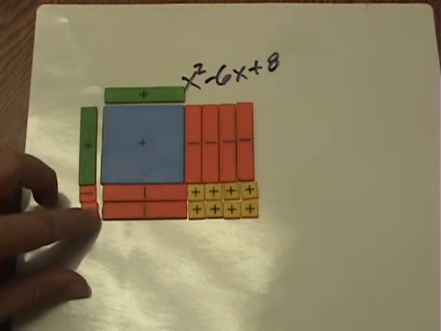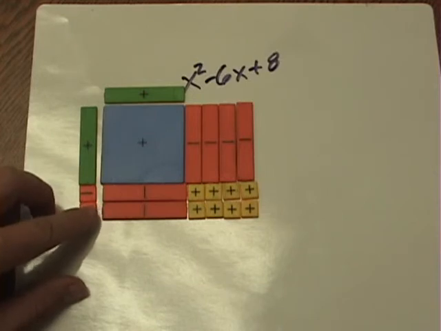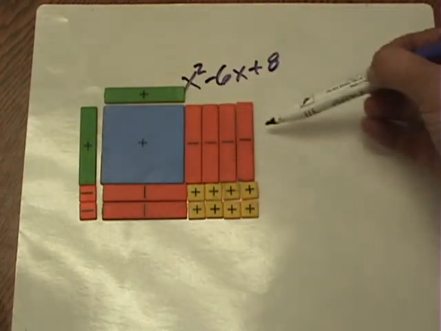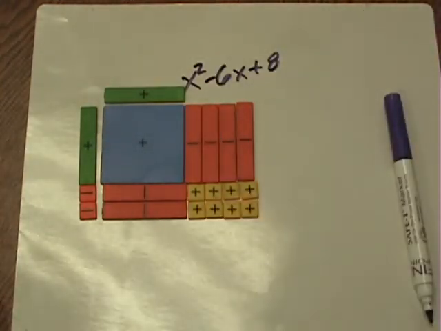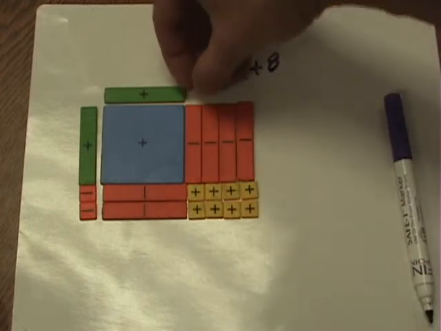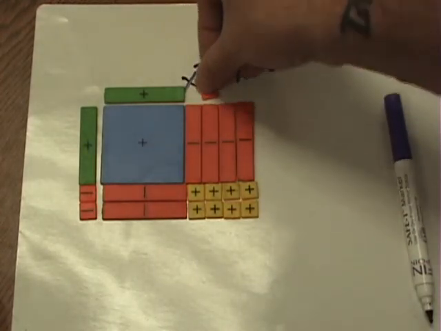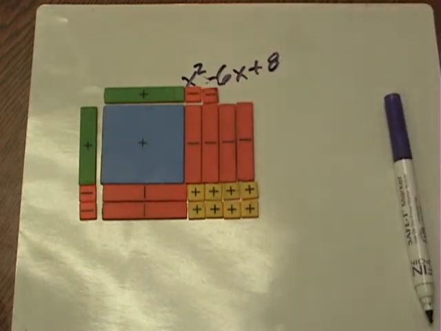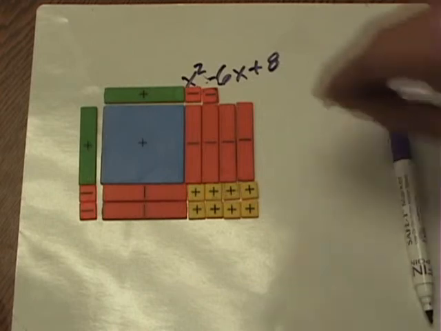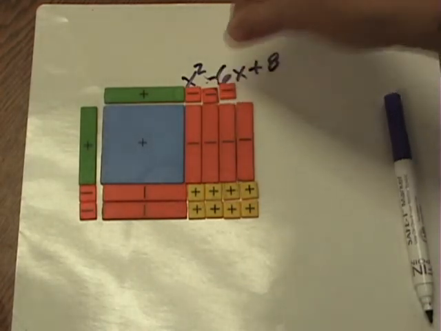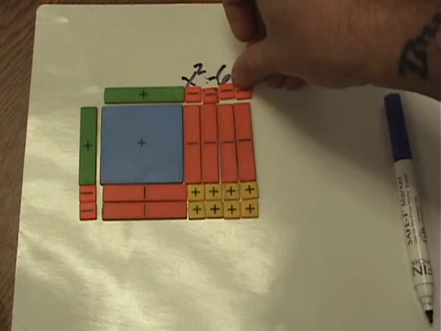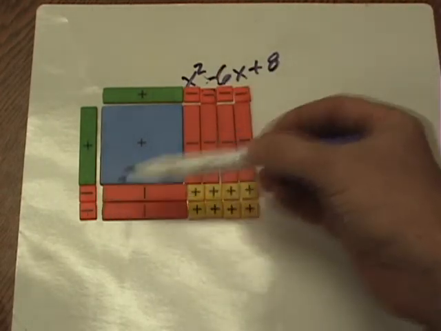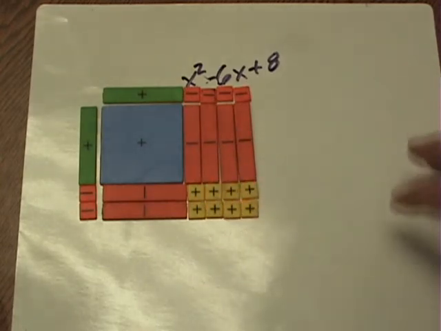Okay? And then the same along the top here. I have a positive x here, but these are negative x's, so I need some negative 1's. And this works out because these negative ones times these negative ones is going to give me positive ones in here.